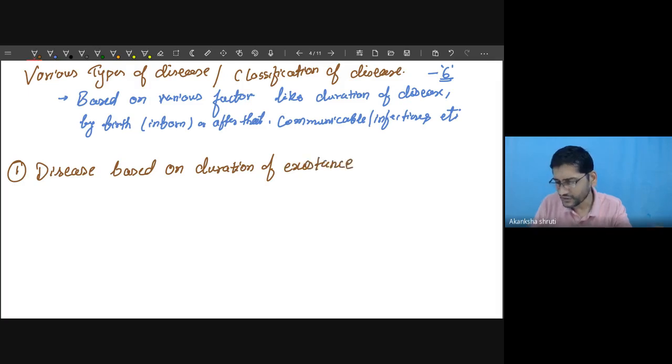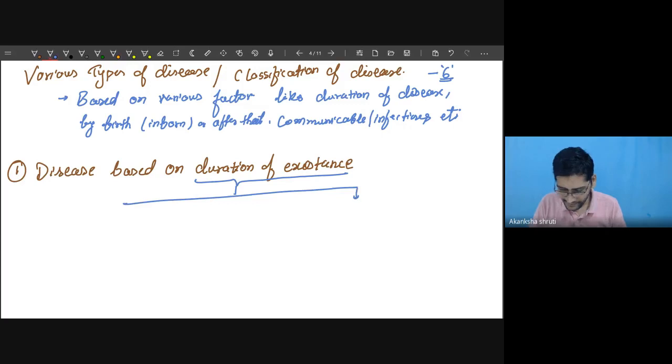So based on this duration of existence, the disease can be classified into two categories.